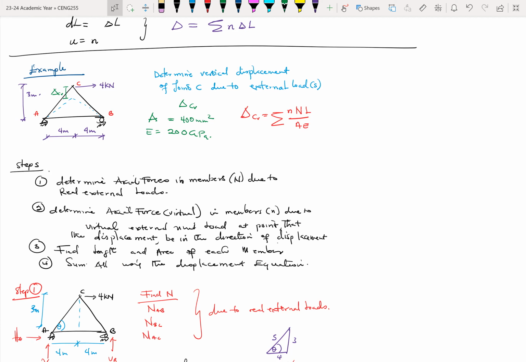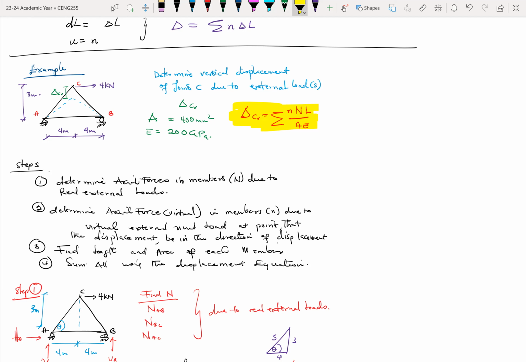So pretty much we want to satisfy the equation that we have for the case of external loads. If you look at this truss, there is an external load of 4 kilonewtons acting in the horizontal direction at joint C. I mean, there could be many of these. There could be like 3, 4 loads acting at different joints on the truss. All right.